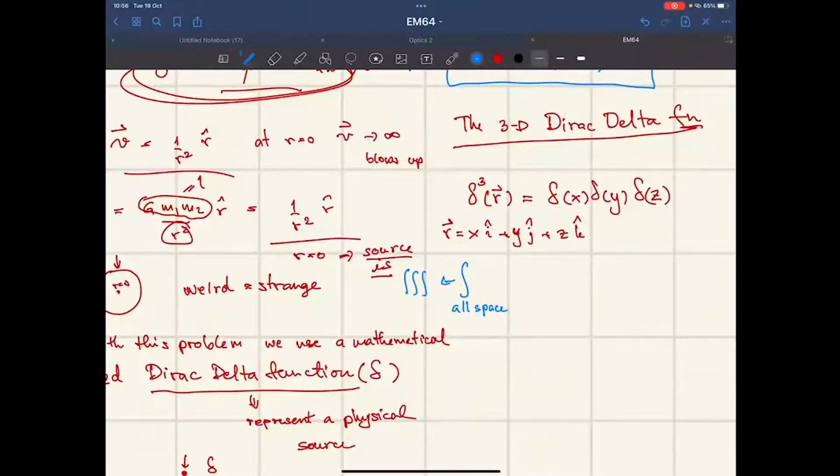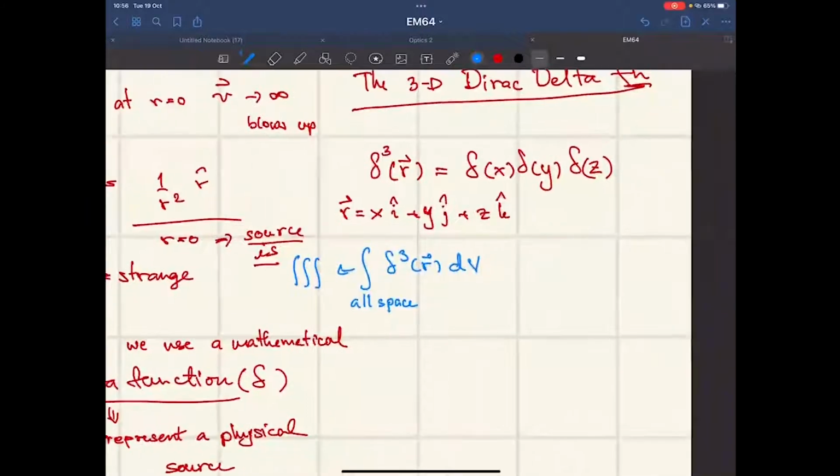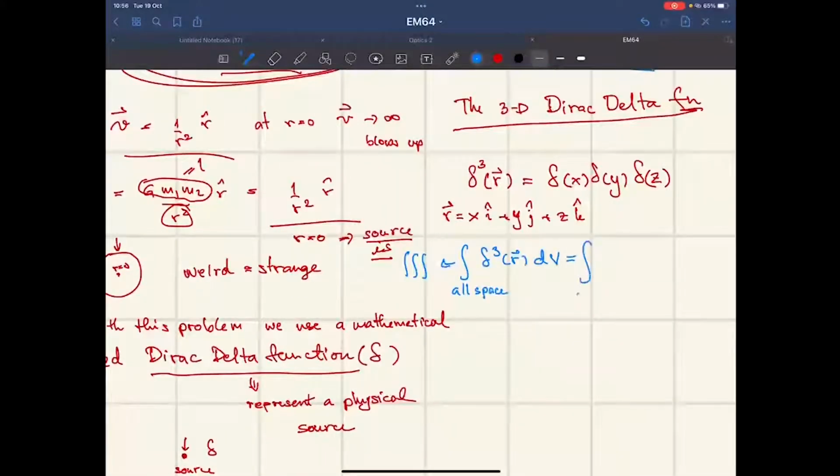In all x, y, z, in all space, and equal to what? Equal to the integral from minus infinity to infinity of the Dirac delta function of x, the Dirac delta function of y, the Dirac delta function of z, dV.